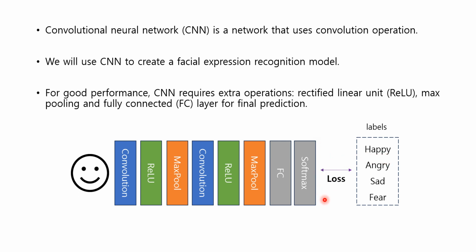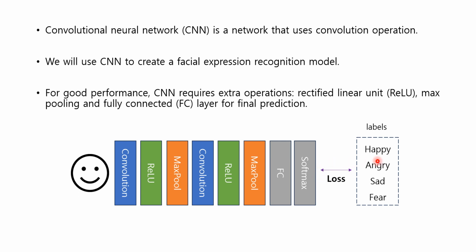If the training is good, then the loss value is going to be low, which means that the trained output representation of this happy face is close to the happy emotion. So the goal of this training process is to minimize this loss value to make the input data close to the corresponding emotion label.